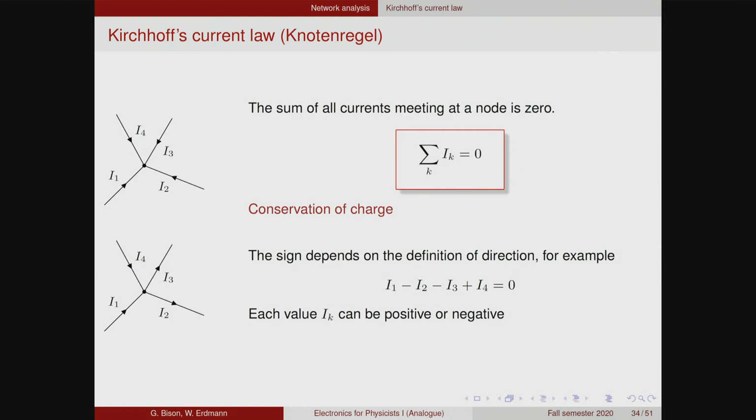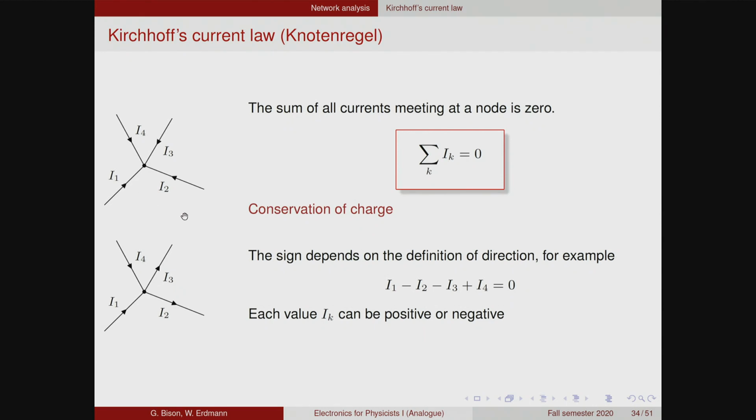Okay, so let's come to the Kirchhoff rules. Kirchhoff's current law, Knotenregel, says that the sum of all currents meeting in a node is zero. Now, this is clear because of the conservation of charge. So if you think about it, we cannot create charge, so every charge carrier that goes into a connection, like this one, has to come out somewhere.